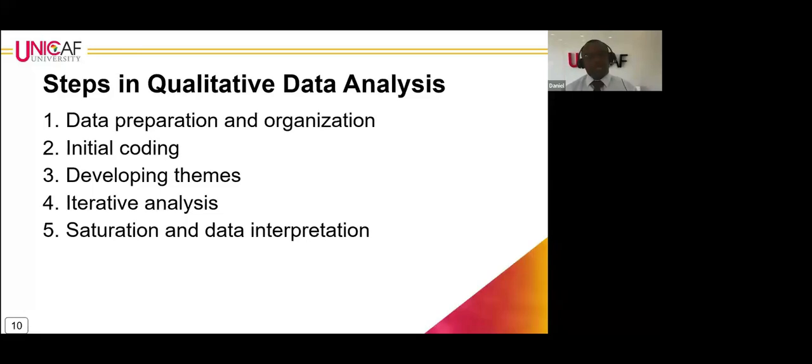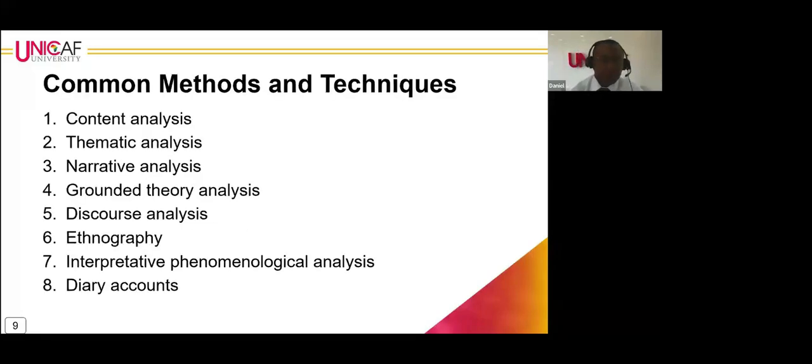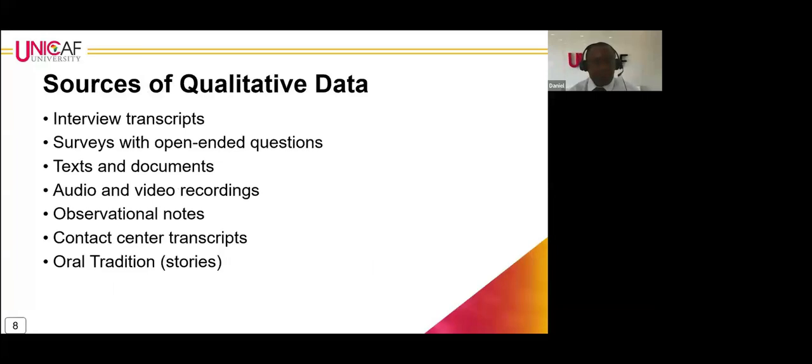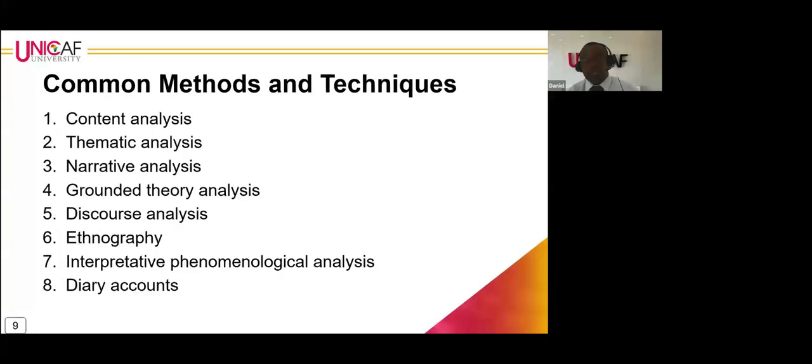After we've collected the data from all these sources, we will need to analyze the data. So these are the various methods of data analysis in qualitative research. There are eight of them. Let's look at one, content analysis.